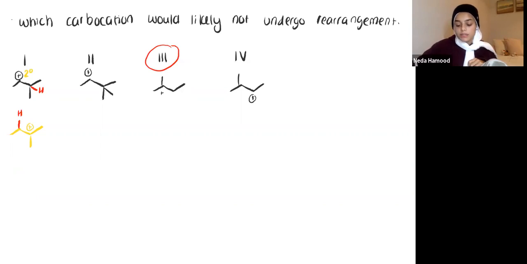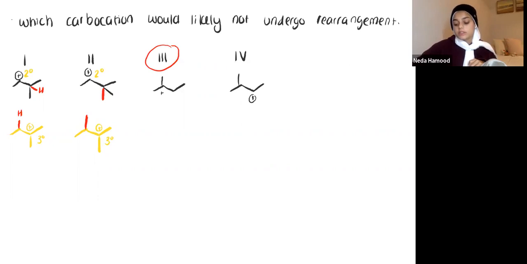Okay, so then over here we have tertiary like that. Over here we can have a methyl shift. So this methyl right here will end up moving so that we have this. And now we have a carbocation like that. So we went from being secondary to tertiary. This is also tertiary. And then over here, let's do the last one.